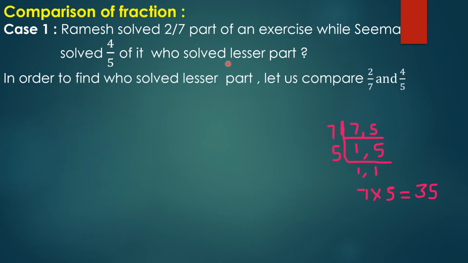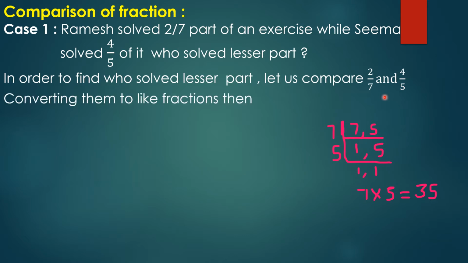In order to find who solved the lesser part, we have to compare these two fractions, 2 by 7 and 4 by 5. Here one more thing you notice: the denominators are different. The denominators being different means they are unlike fractions. So the unlike fractions have to be converted into like fractions.